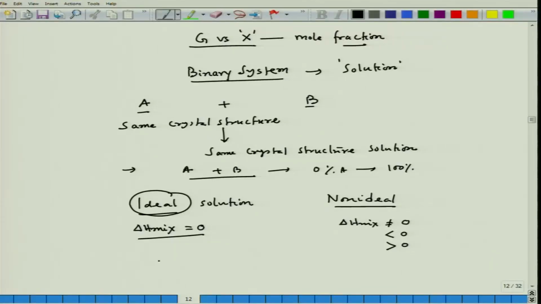In order to visualize this, let us take an example from gas and then we will get back to the solution. Now, if we consider a gaseous mixture, let us say two different gases, one gas is M, another gas is N, and let us say they are monoatomic gases. Now, if we mix them at a very low pressure, how do we attain low pressure?